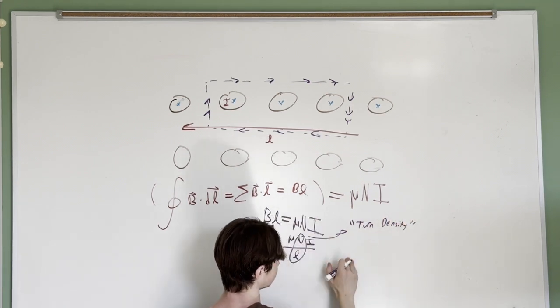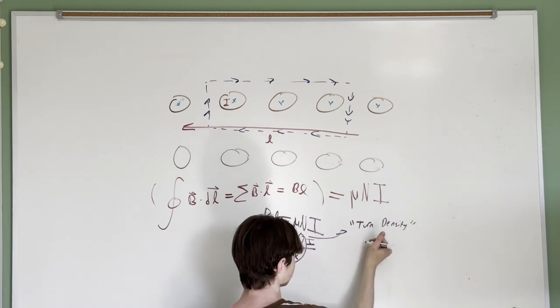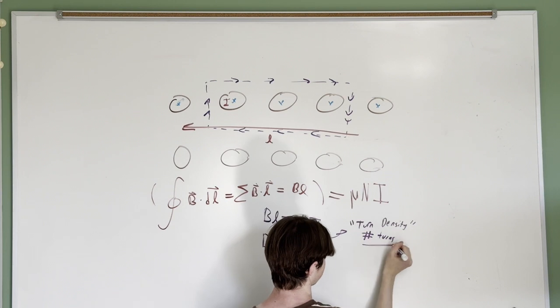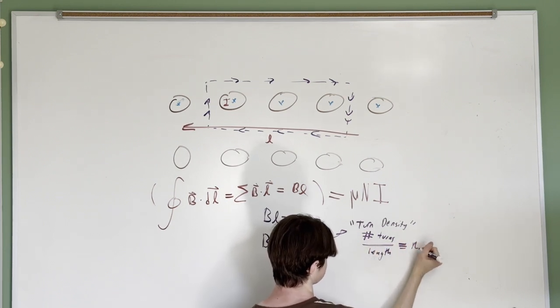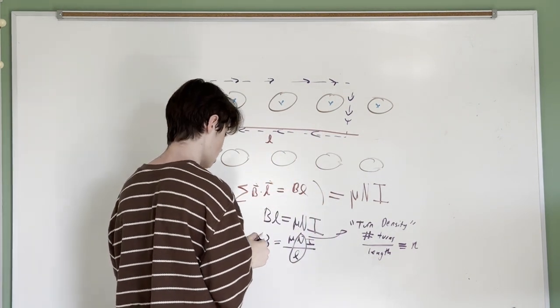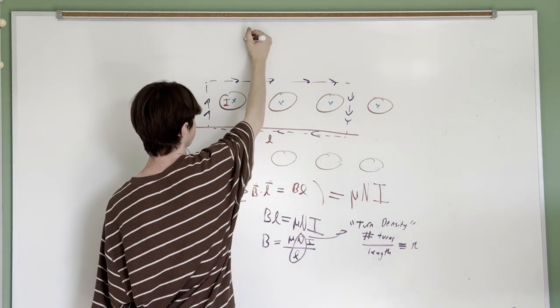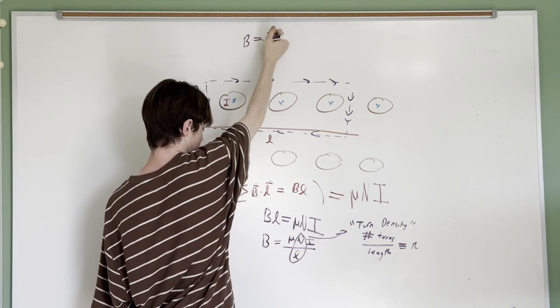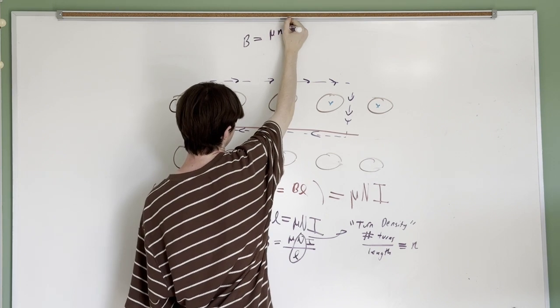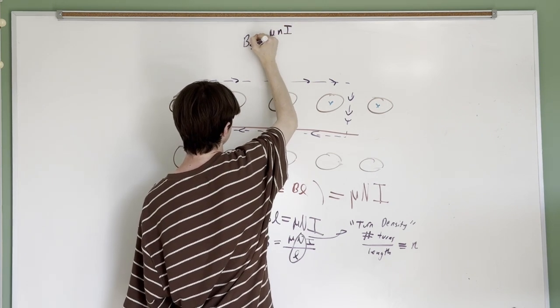So the turn density of a solenoid is the number of turns per unit length, and we call that little n. Therefore, the magnetic field of an ideal solenoid inside of it is equal to mu little n I. B solenoid.